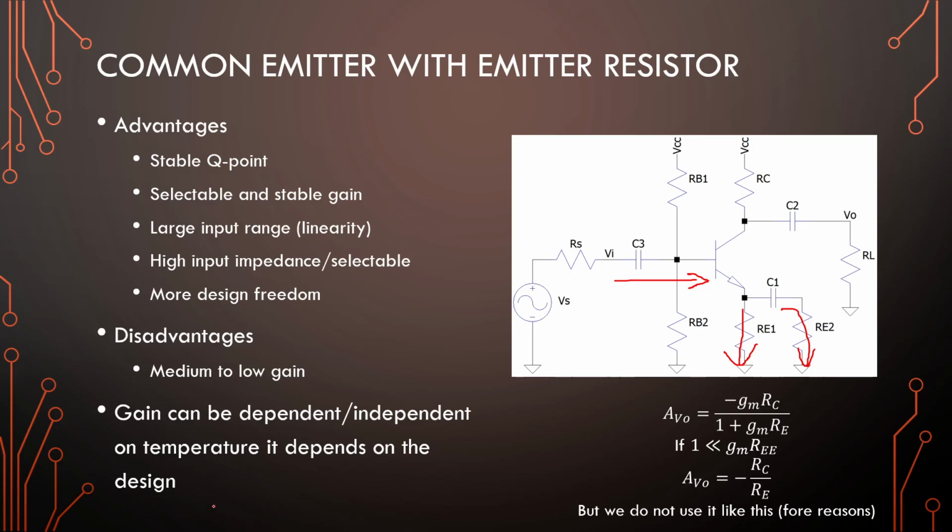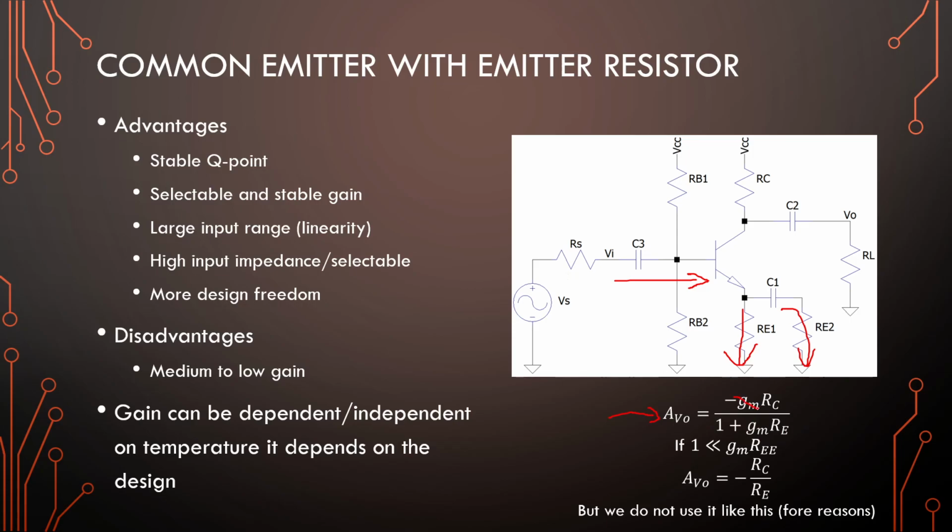Then the final one, that's not a disadvantage or advantage, and that's depending on your design, and I will comment on this as we go along, is that your gain can be dependent or independent on temperature. The reason for this is the gain equation, if you remember correctly, was this GMRC over 1 plus GMRE.